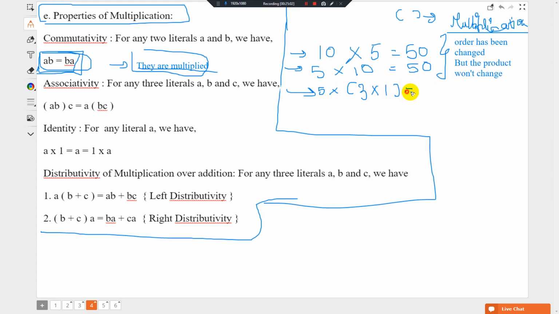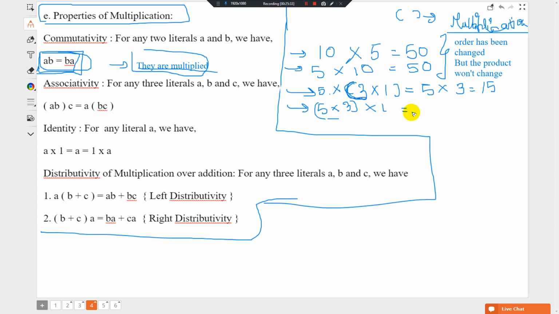So what do we have to do? We first solve the bracket, 3 into 1 is 3, and 5 into 3 is 15. If there's no sign here, if they have given it like this, then it's multiplication, because the bracket is there to denote multiplication. Same if they have given 5 into 3, into 1.